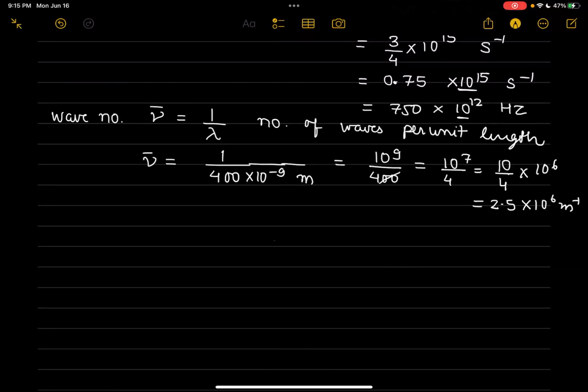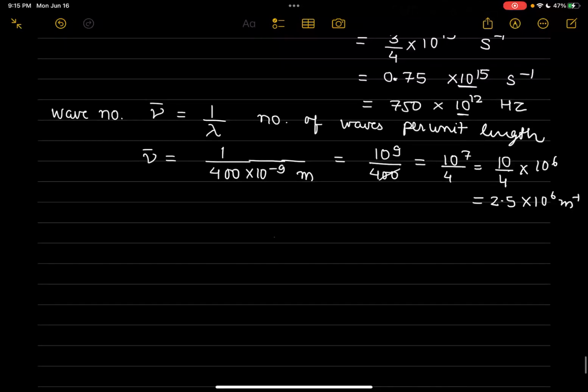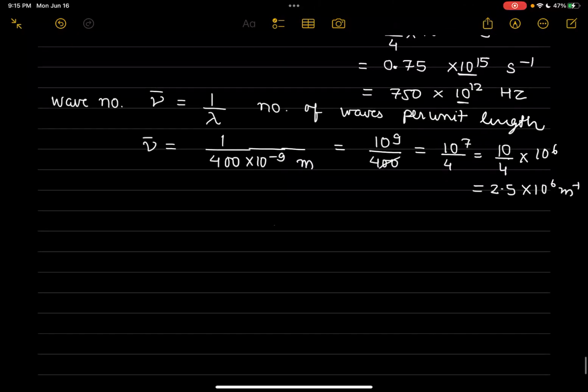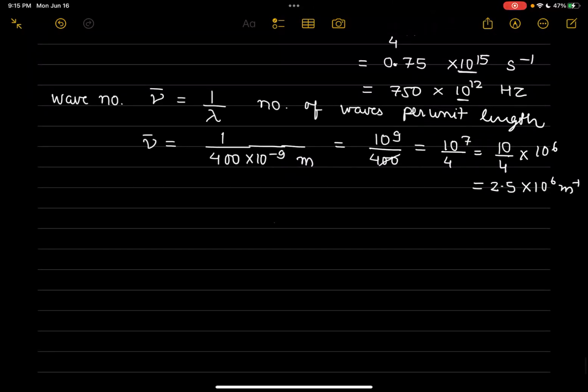There are many experiments which can be explained by the electromagnetic theory. That is diffraction and interference.